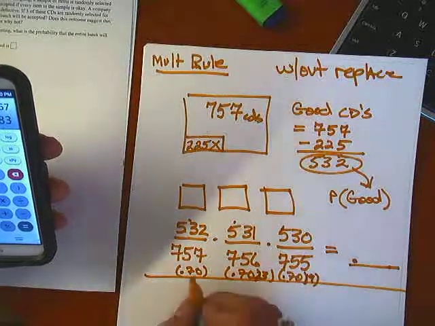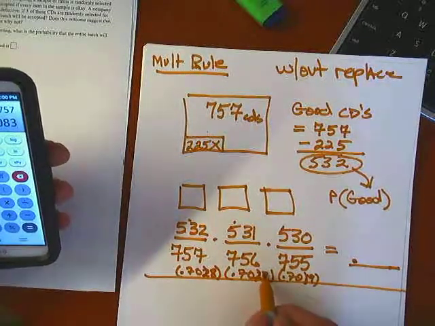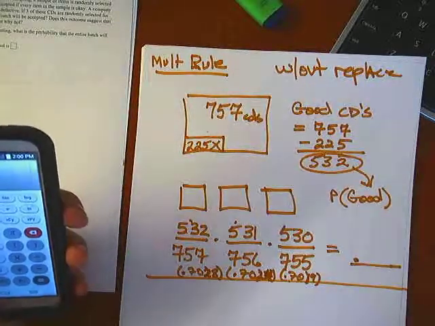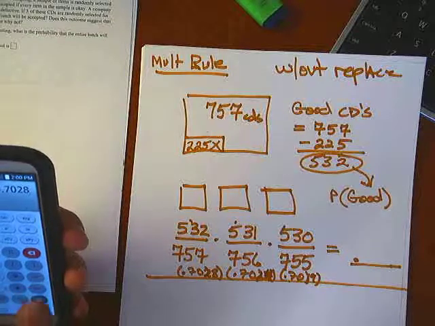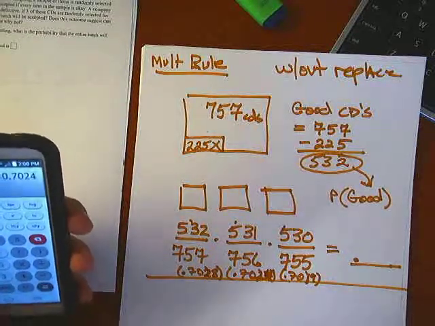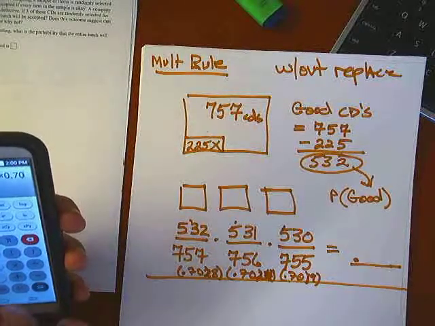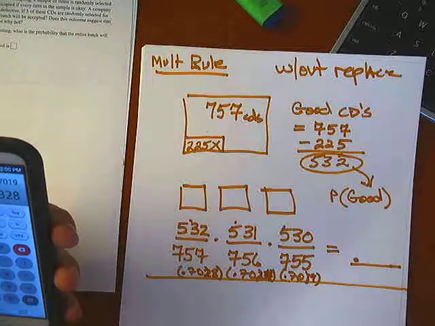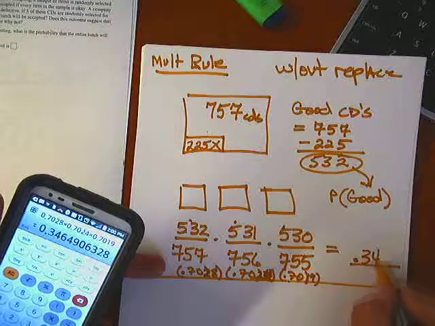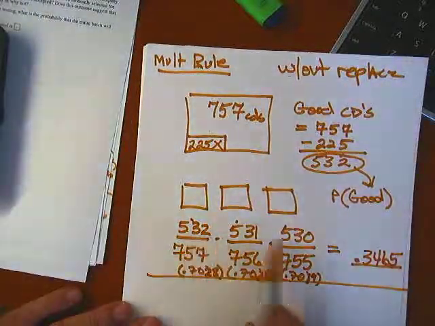Well, 0.7019. And then let's do the first one again. 531 divided by 756, 0.7023, and then 532 divided by 757, and that's 0.7028.